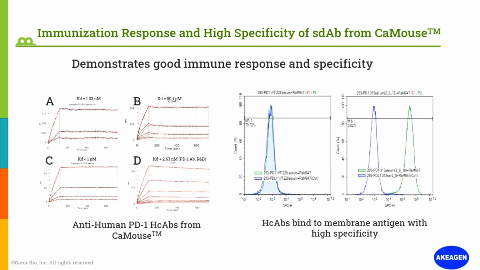With the HEK293 cells that expressed the antigen on the surface, we can see there's a specific binding of the heavy chain antibody to the cell lines. So this slide shows that the camel mouse not only can generate a strong immune response, but also the heavy chain antibody in the serum of the camel mouse can bind specifically to the antigen.